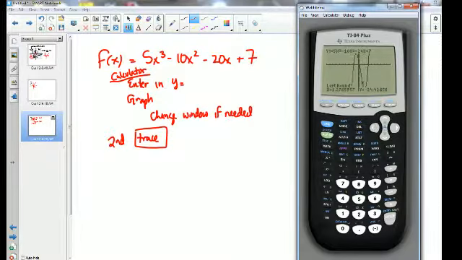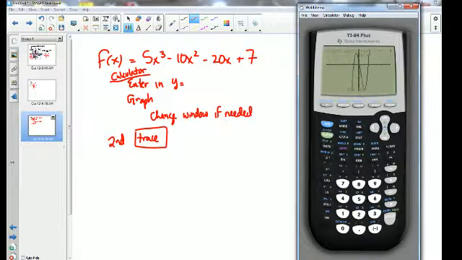Remember, everything's left to right. Hit enter. Now it's asking for a right bound, so go to the right somewhere. It doesn't have to be perfect. Hit enter, and then put in a guess. Put your cursor right where you think the minimum is.